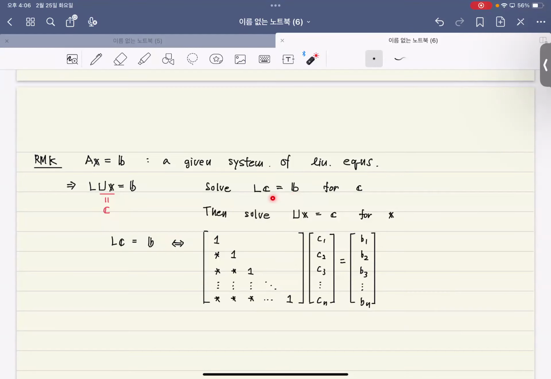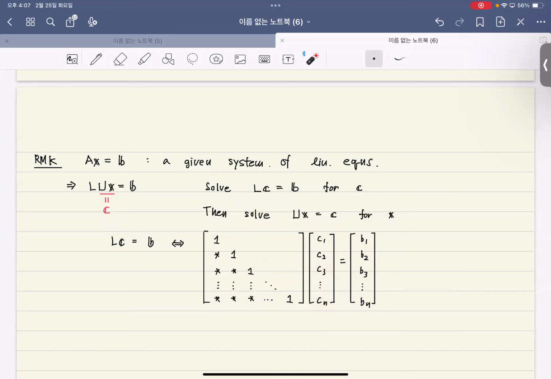Now, what is the point of this? Well, A is given and B is given, and by LU factorization, I know my L. L must be a lower triangular matrix whose diagonals are all ones, and B is given. Therefore, you can always solve this equation for C. And by substitution, C1 equals B1, right? Now you have C1, and you plug in C1 here, and now you can solve for C2, and you can find all the way up to Cn.